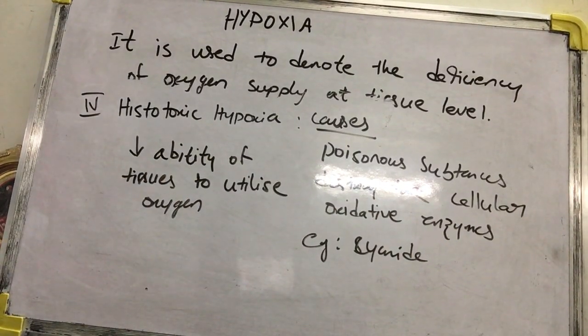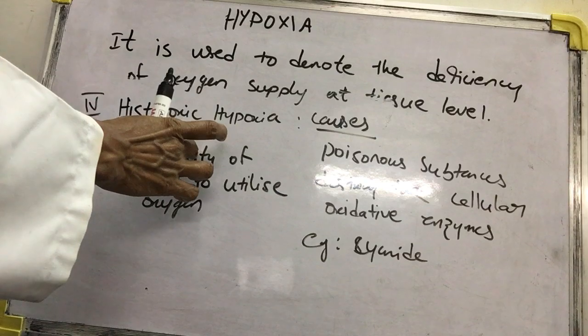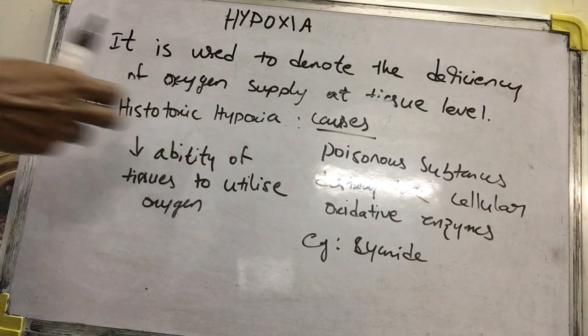So these poisonous substances destroy the cellular oxidative enzymes that help in utilization of oxygen by the tissues. If those cellular oxidative enzymes are destroyed, then the tissues will not be in a position to utilize the oxygen which is present in the blood.